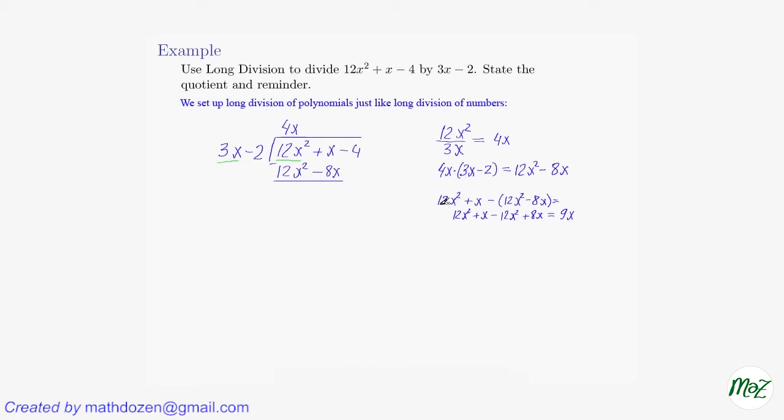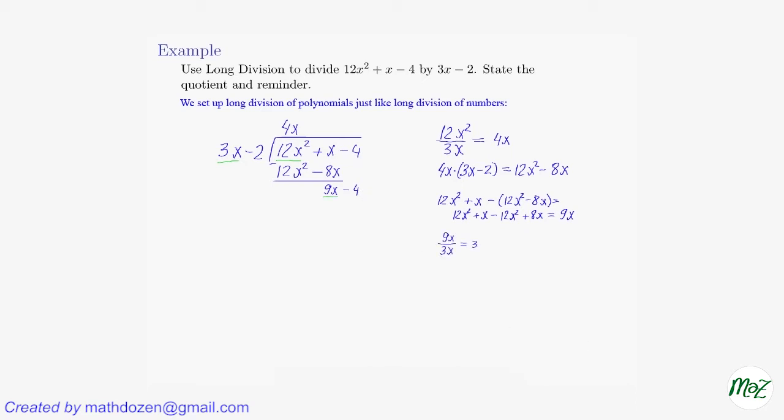We have 12x squared plus x minus (12x squared minus 8x). Distribute the negative, and you get 12x squared plus x minus 12x squared plus 8x. All of that comes out to be 9x. So we have just 9x here, and then this negative 4 gets carried over.